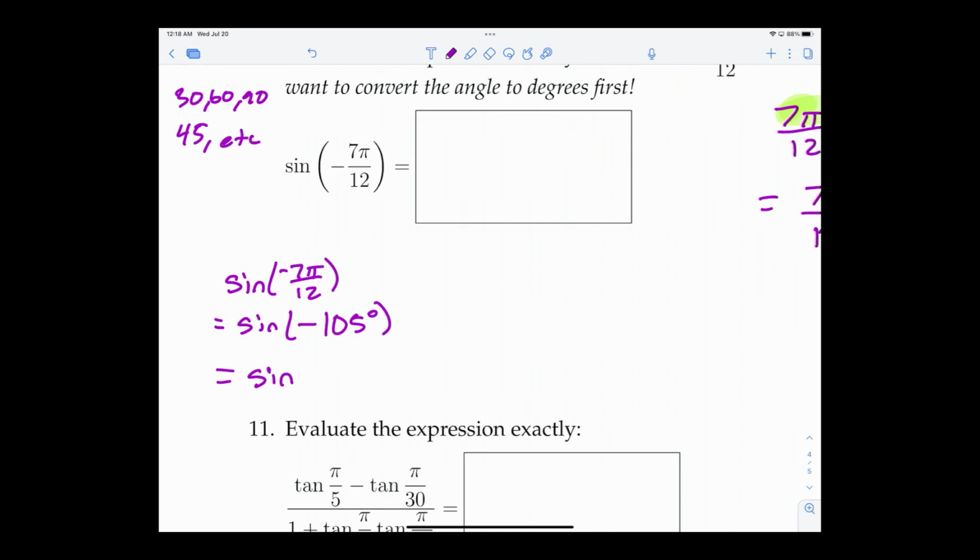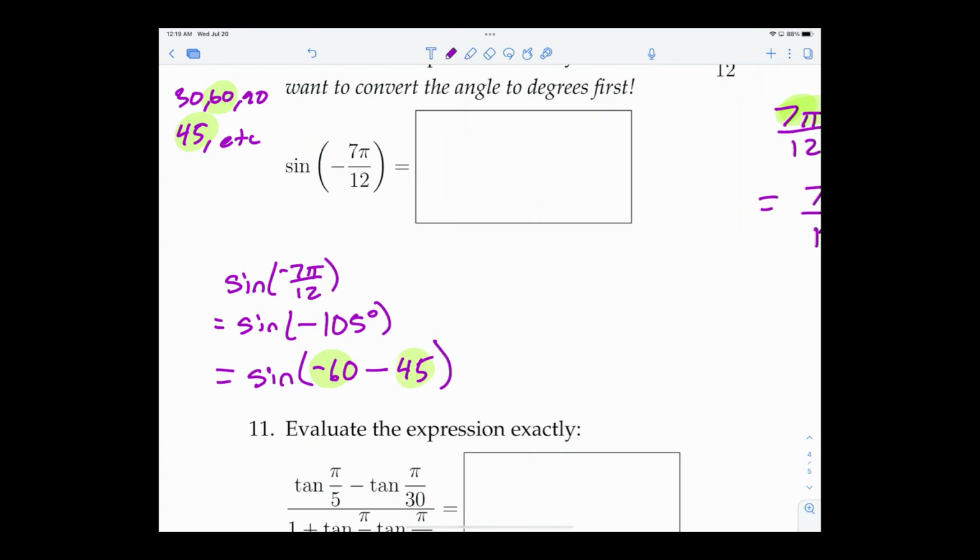And so what you realize at some point is that a 60 and a 45, if you add them, you get 105. So this is actually, you could say negative 60 plus, you do plus or negative, I guess. It doesn't really matter. I'll do minus 45. So then your A could be negative 60 and your B could be 45.